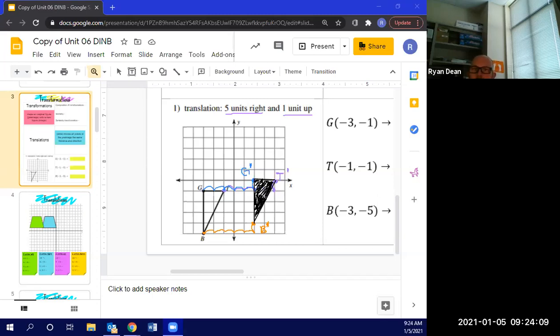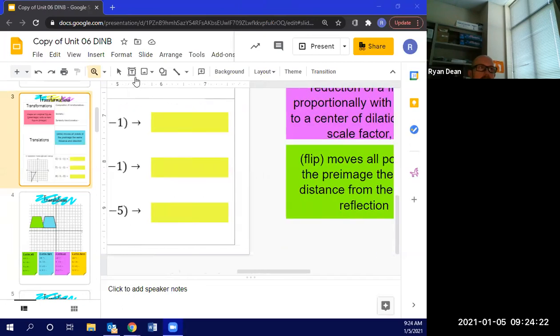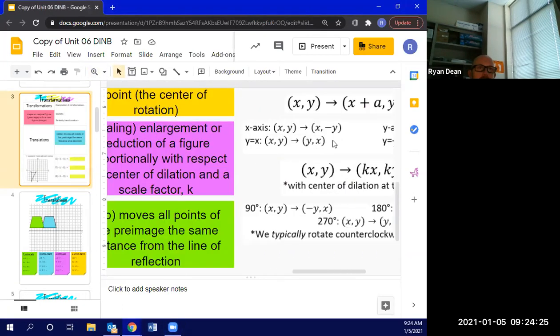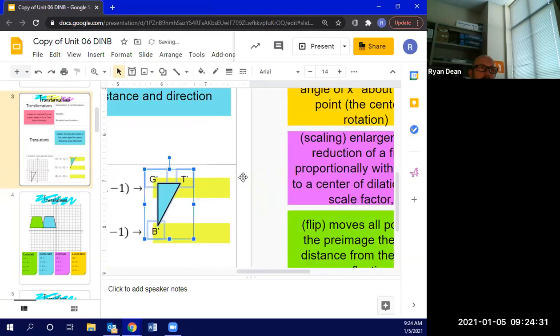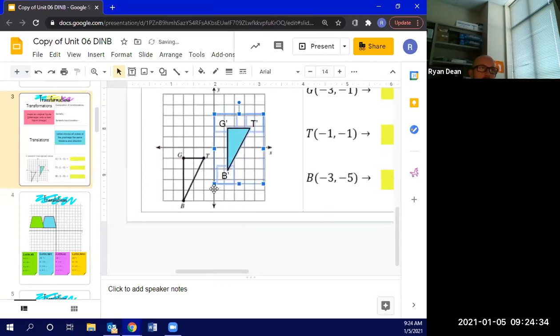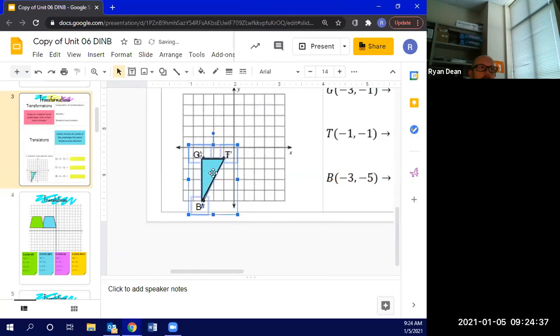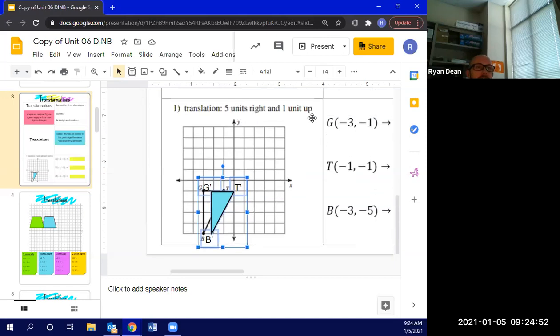Now, in your notebook, you won't be able to do this on the quizzes, what I'm about to show you, but in the notebook for this specific problem, they have a shade that's over here. We're just going to drag it to the graph. See how this one's shaded in as well? Okay, so it's going to be hard for you to count the spaces on this. So what I would do is I would just take a mental note of how many spaces each point is whenever you go 5 to the right and then 1 unit up.